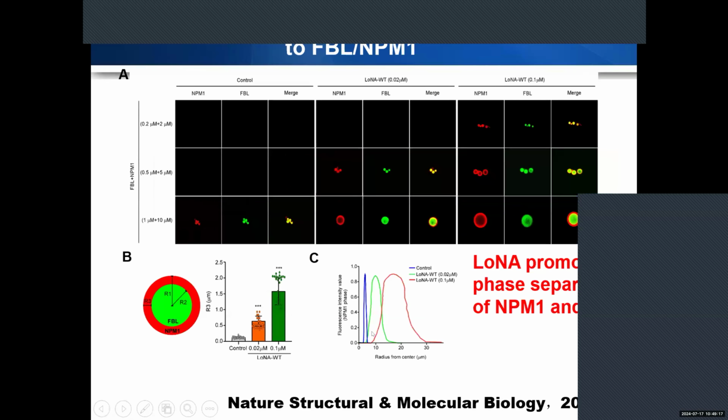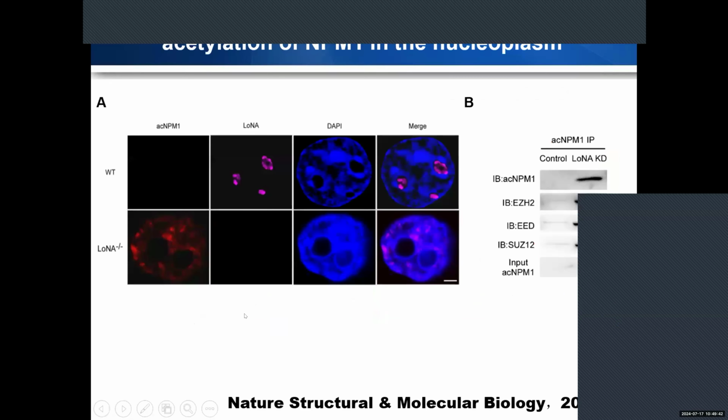Then we did some in vitro studies to see why and how LONA is involved in nuclear structure, especially nucleolar assembly. We found LONA interacts with two proteins, one called NPM1 and another called FBL, and can promote nucleolar assembly. When we knock out LONA, NPM1 is released from the nucleolus into the nucleoplasm.